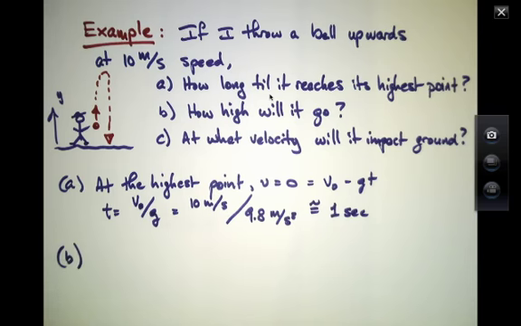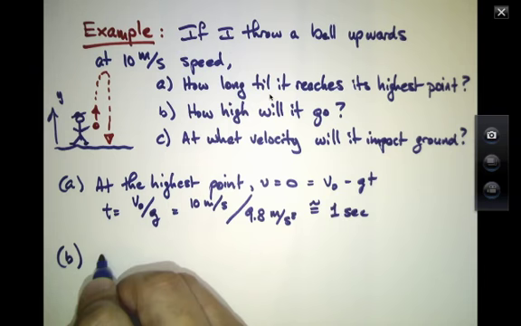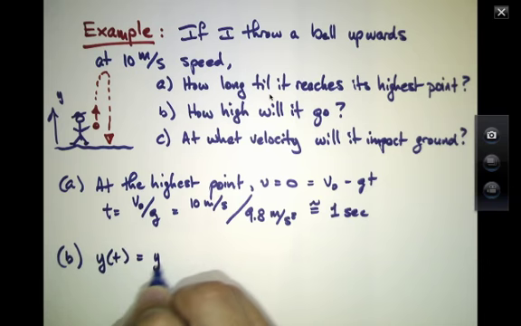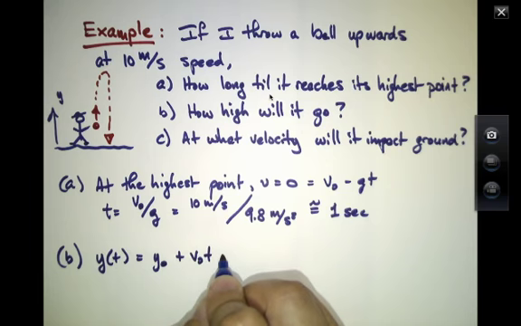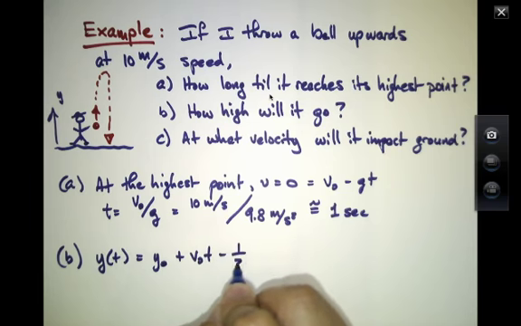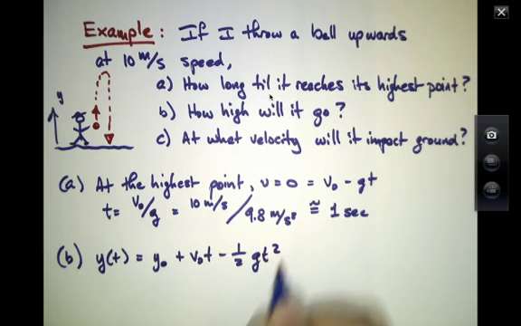The second part of the question is, how high will it go? Well, we know that y of t equals y0 plus v0 t minus 1/2 g t squared. Now, we have to put in some information here.